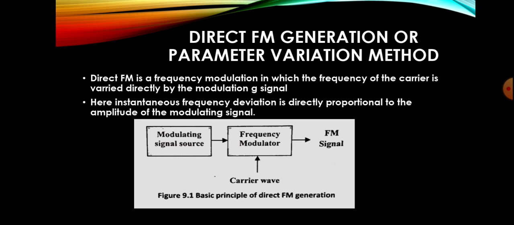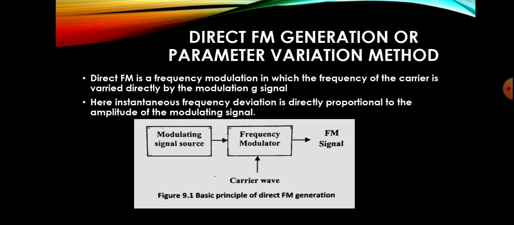Direct FM is a type of frequency modulation in which the frequency of the carrier is varied directly by the modulating signal. So, the frequency of the carrier signal is varied directly by the amplitude of the modulating signal.